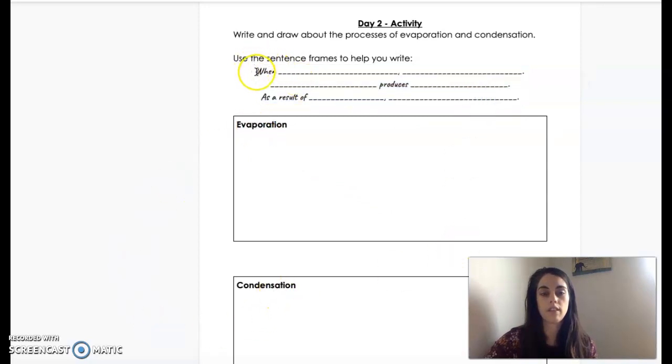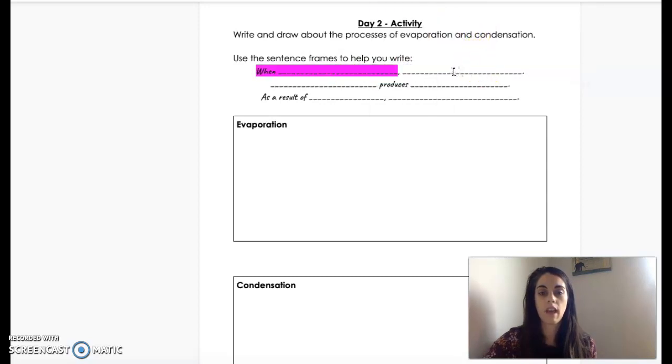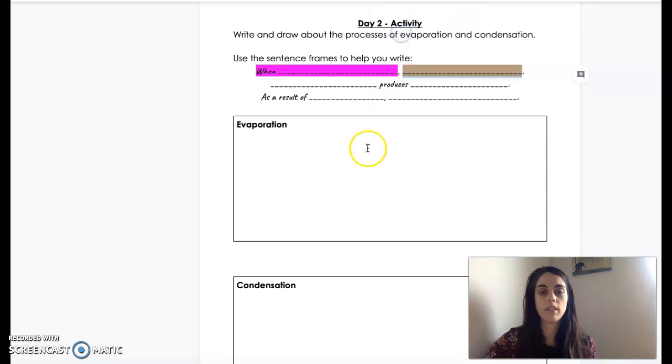Let's look at the sentences. These sentences let us talk about cause and effect. When blank, here we have the cause. After the comma, we have the effect. So let's think about evaporation. I'm going to start with the cause.